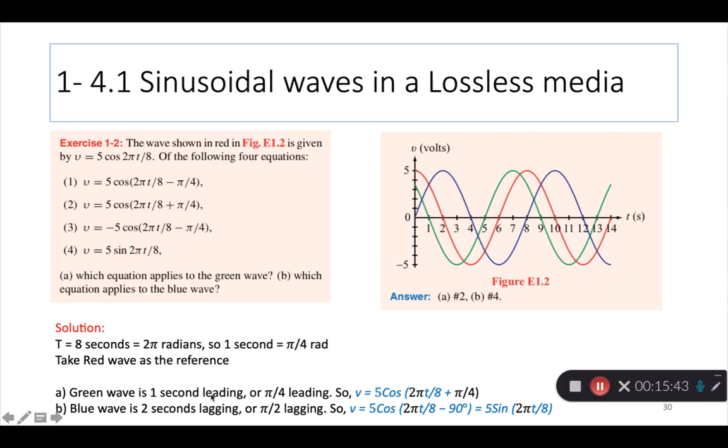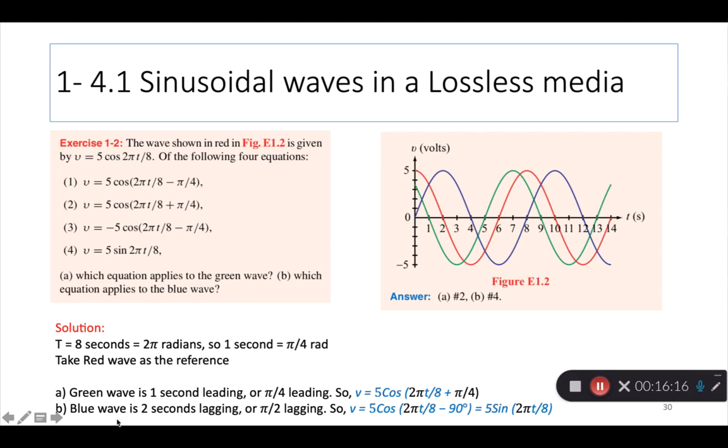The green wave is 1 second leading, ahead in time, that's why it's in this direction. The blue wave is in this direction, so it's lagging. So the green wave is 1 second leading, which is pi by 4 leading. So you have to write it with a plus pi by 4 sign. Remember, leading always gives you a plus phase angle.